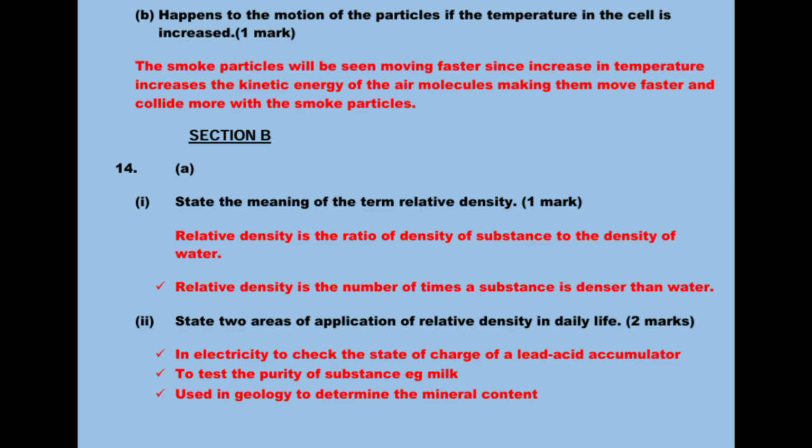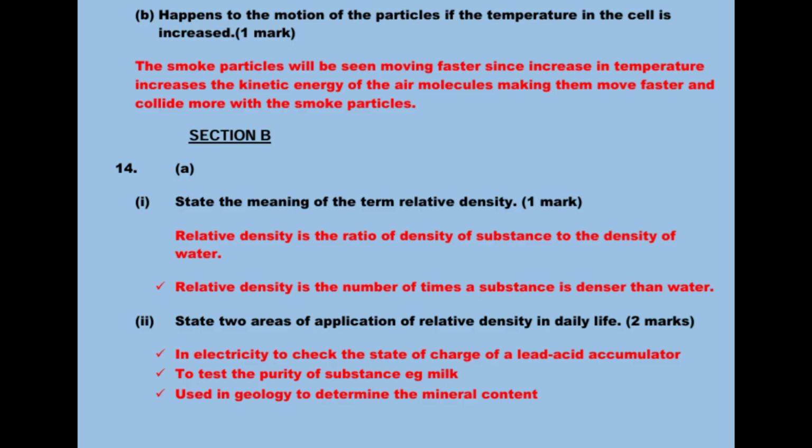We go to Roman 2. State two areas of applications of relative density in daily life. So we have in electricity, to check the state of charge of a lead acid accumulator. In other words, when we want to know whether a lead acid battery is full, we simply use a hydrometer to check the relative density of the acid, and that is one of the major applications.